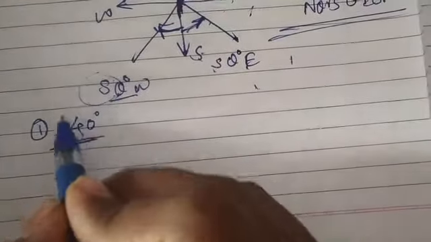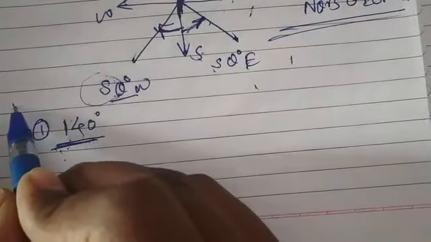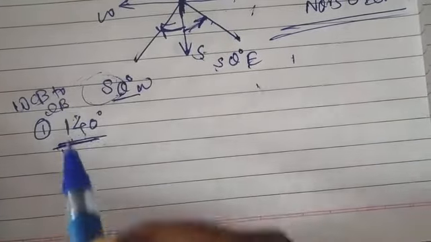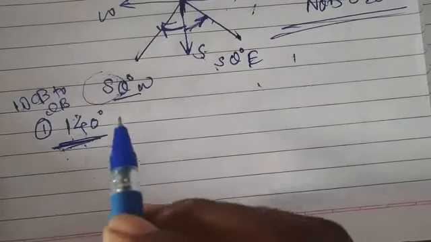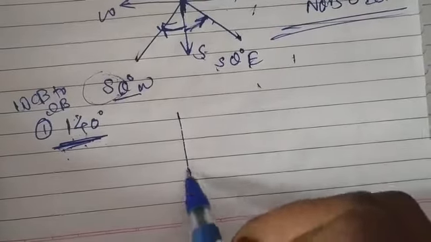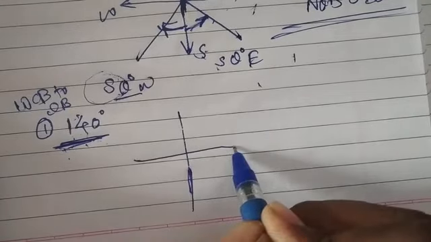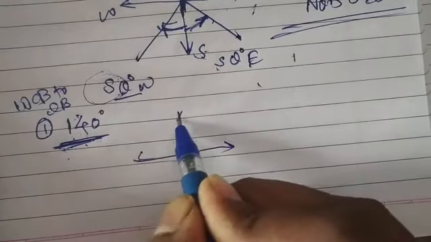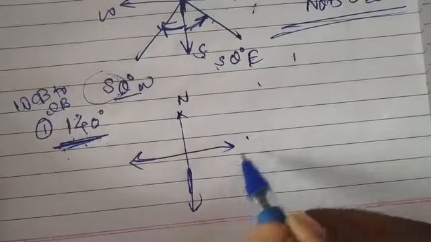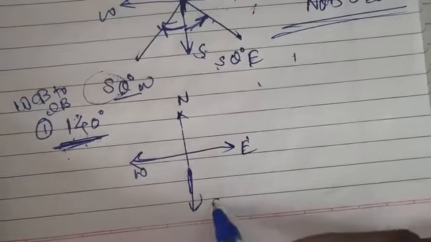Now if the question is asked to convert WCB to QB, then we have to convert this angle to QB. So first of all we'll draw this in the given system, that is whole circle bearing. North, this is east, this is west, and this is south.